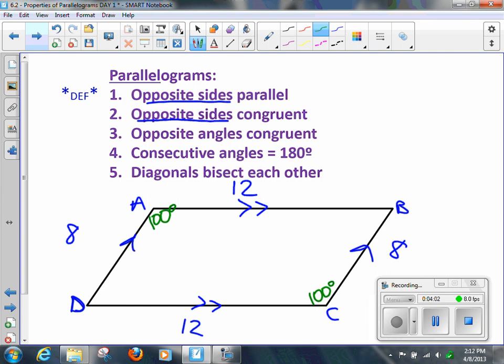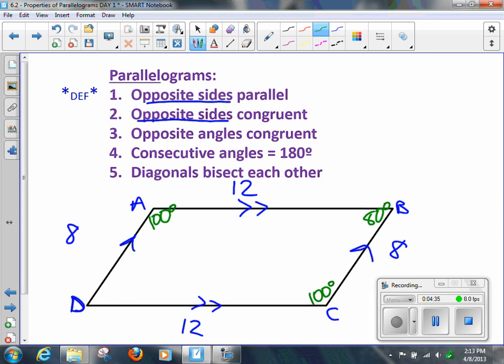How are we going to find angles B and D? Why? Because it says consecutive. What does consecutive mean? Let me tell you what consecutive means. That's what consecutive means. A 180 from 100 is what? That's right.